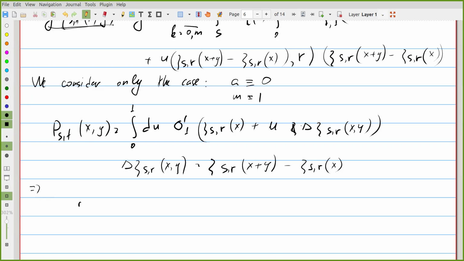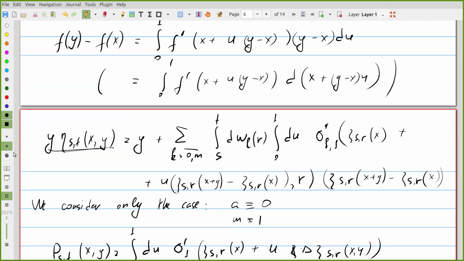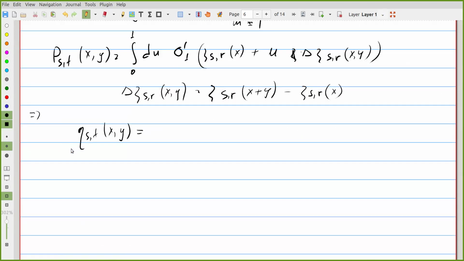And then we can rewrite eta_{s,t}(x,y), now dividing this by y.